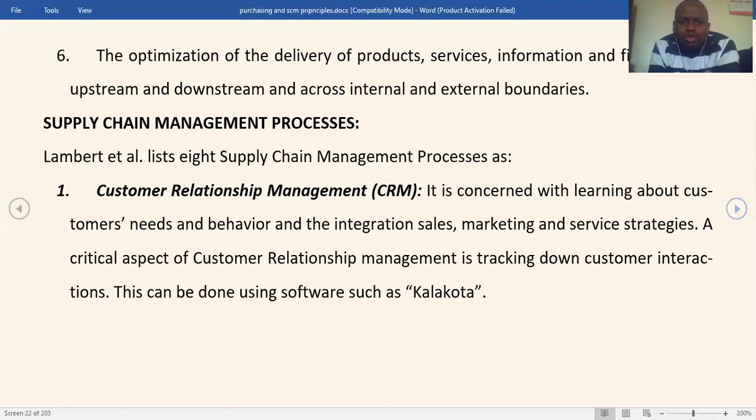The first one is customer relationship management, and this is concerned with learning about customers' needs and behaviors and integration of sales, marketing, and services strategy. So it's always important to learn what your customers want and to be able to understand their behavior. Once you understand this, at the end of the day, it will lead to better performance and customer delivery.